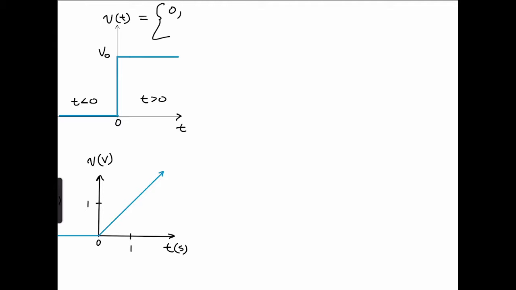We know 0 for t less than 0 and v0 for t greater than 0. Also, we can say, still a piecewise, that v of t is equal to 1 for t equal to infinity and equal to 0 for t equal to negative infinity.